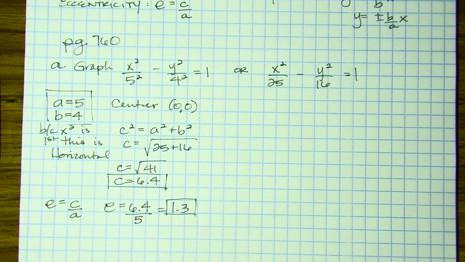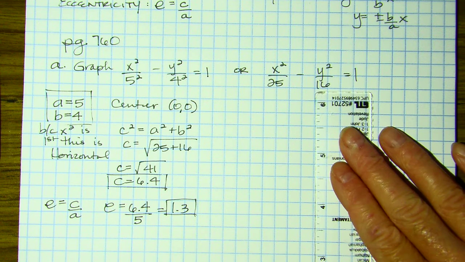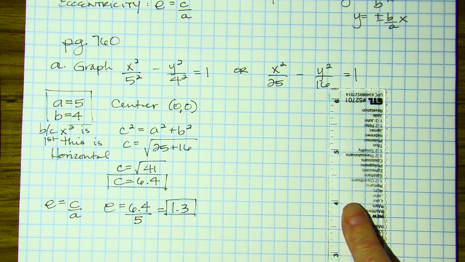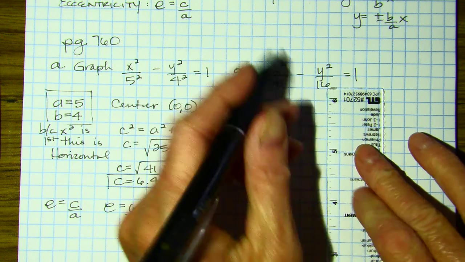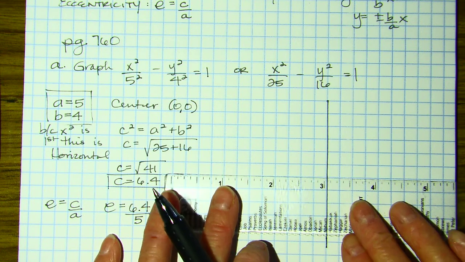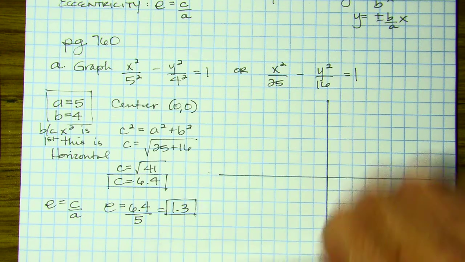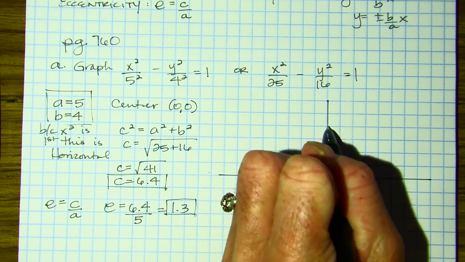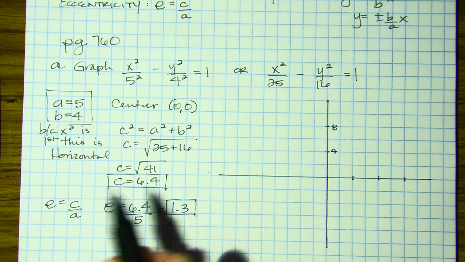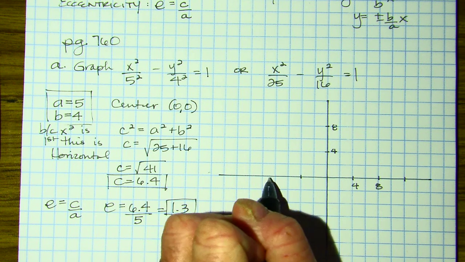Now we're going to start graphing. I'll wait to identify the asymptotes. I want to make sure I leave room for this graph. I might have to change my scale to go by twos.